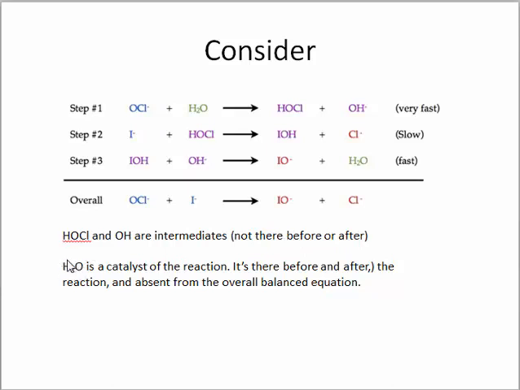As we've already seen, intermediates are not there before and after. They are made and used up in the course of the reaction. Water, we have already discussed before, is a catalyst. It's there before and after. It's not used up. It's not included as part of the overall balanced equation for the reaction. The balanced equation comes from adding up the three steps. It doesn't include water. Its presence speeds the reaction up.